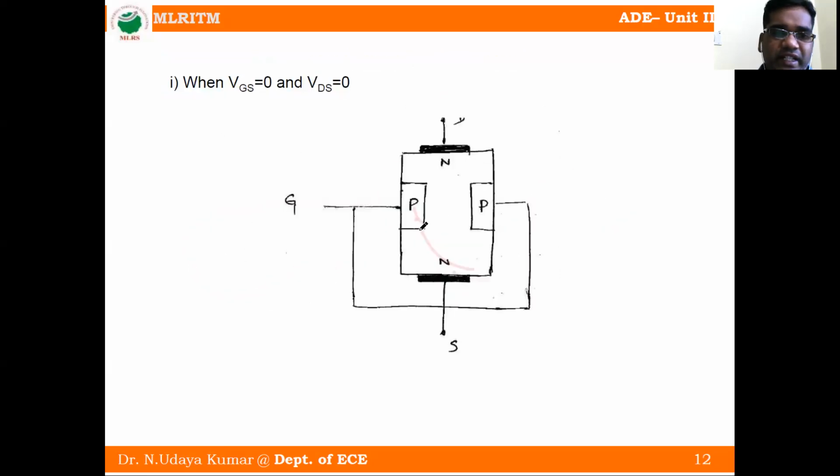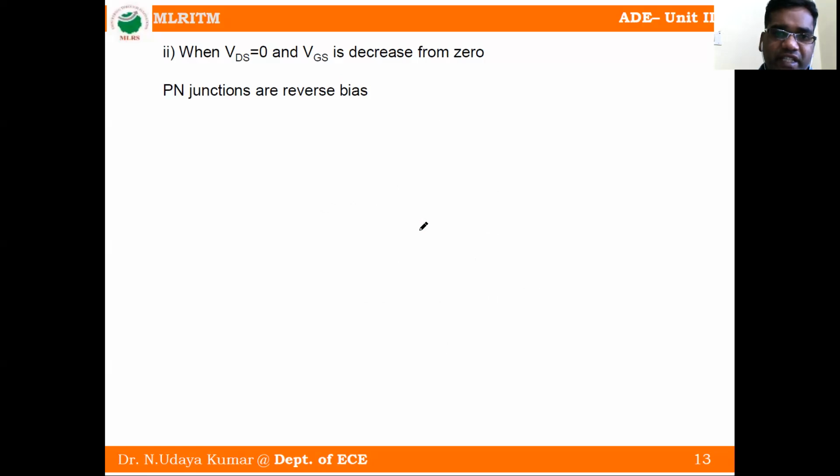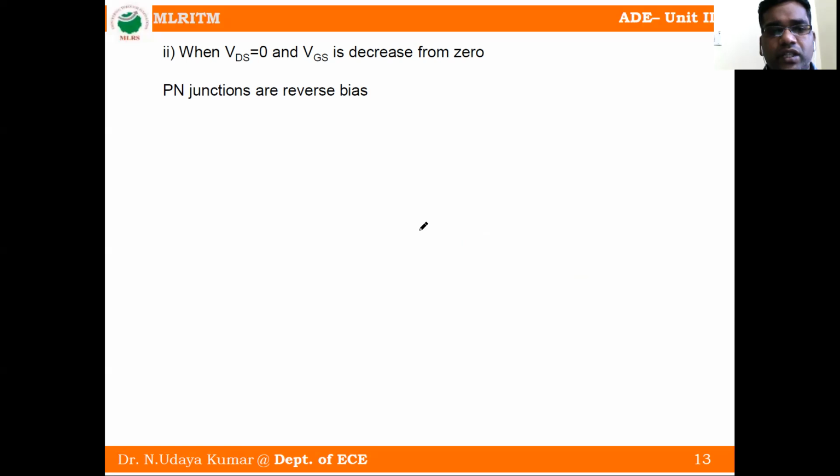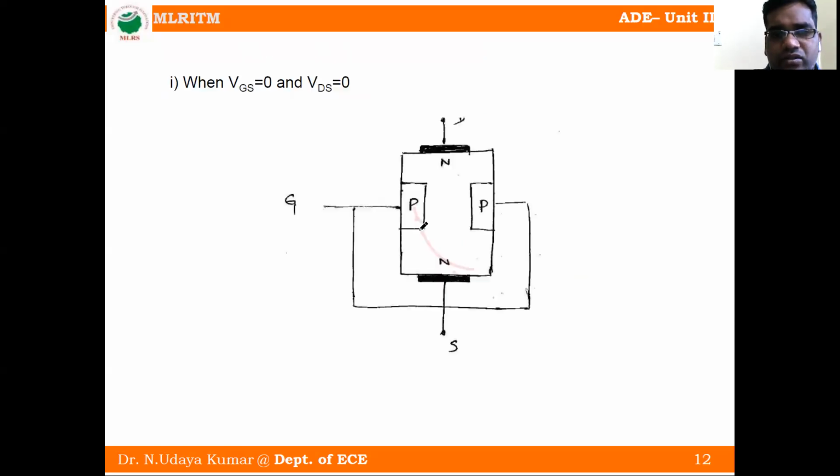So what is the second condition? When VDS is equal to 0, meaning drain source voltage is 0, and VGS is decreasing from 0 to -1, -2, -3 like that. See what happened?